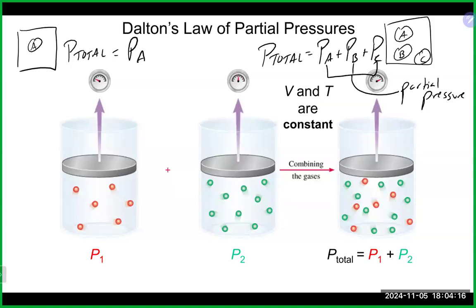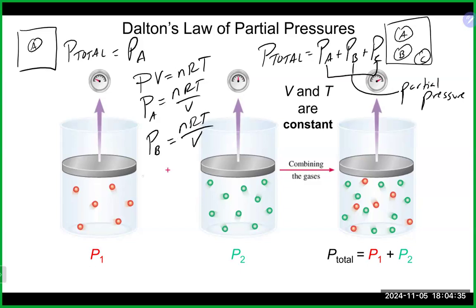How do you calculate the partial pressure? Well, probably 9 times out of 10, maybe not surprisingly, you're going to use the ideal gas law. And you'll solve for P for each gas. So you would calculate the pressure for gas A, gas B, and gas C. You then simply add up all those partial pressures together.